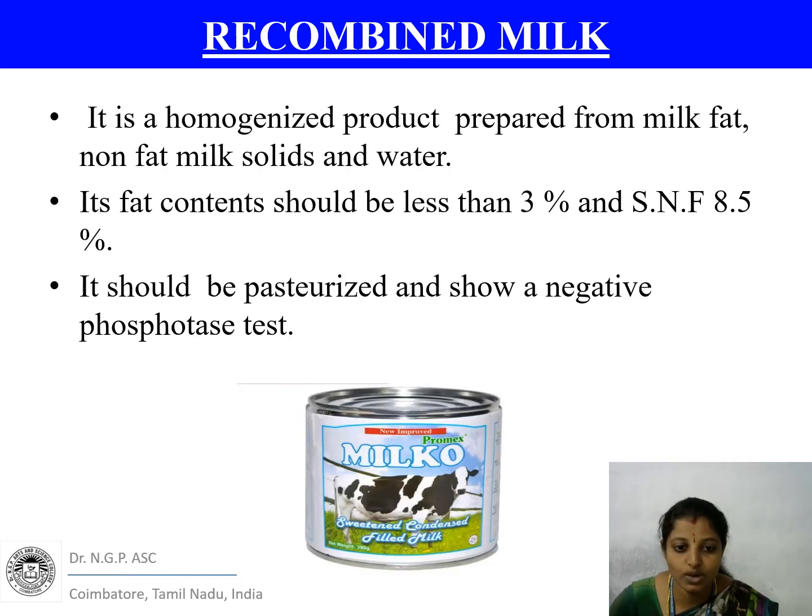The next one is recombined milk. It is a homogenized product prepared from milk fat, non-fat milk solids and water. Its fat content should be less than 3% and the solids non-fat content should be 8.5%. It should be pasteurized and show a negative phosphatase test.